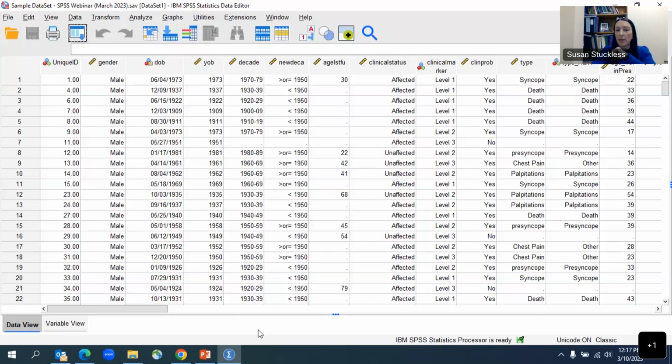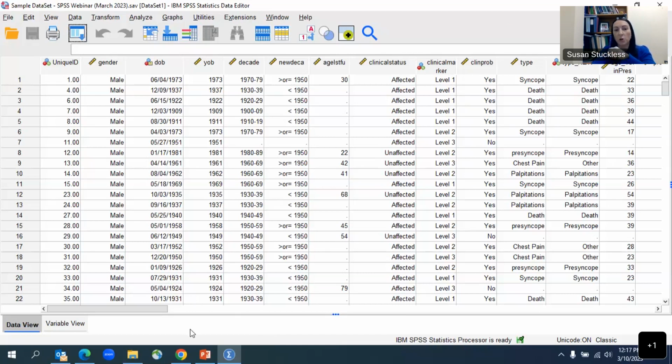We have age at death there. We have whether they were affected or unaffected based on some number of clinical factors or DNA, that type of thing. And then we have a clinical marker, with levels 1, 2, and 3.